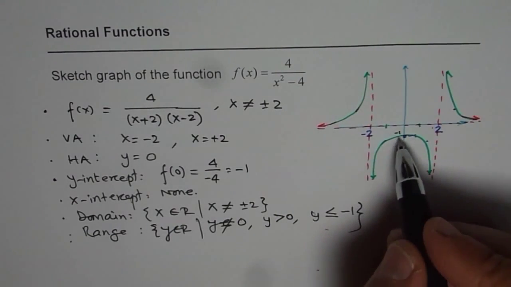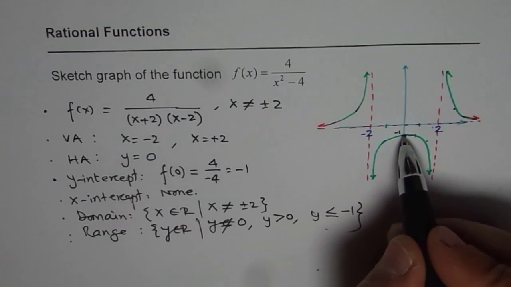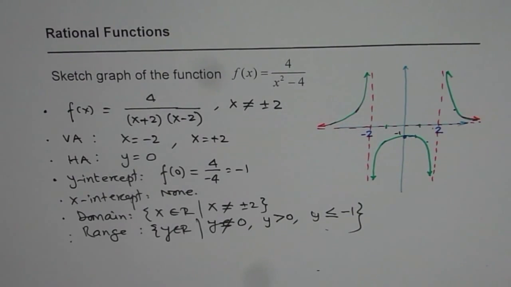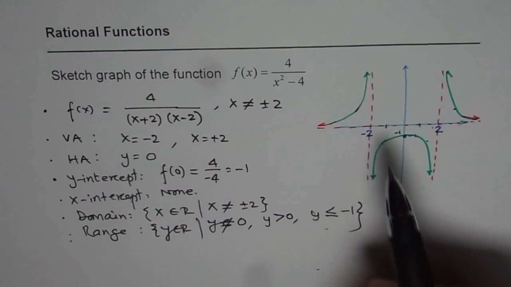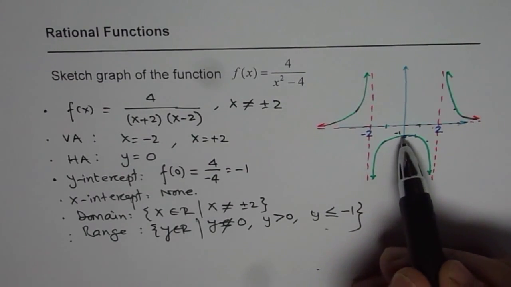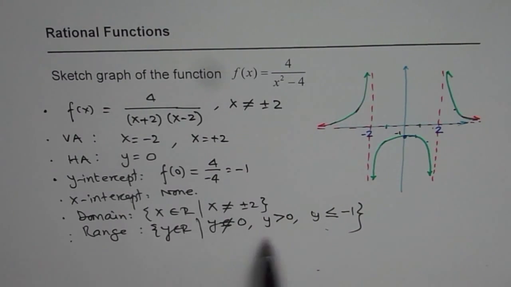That is kind of important for us to understand. So there is no y value between minus 1 and 0, right? So either it is greater than 0 or it is less than or equal to minus 1. So that becomes the range for the function.